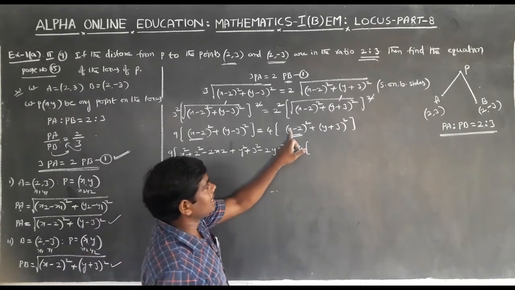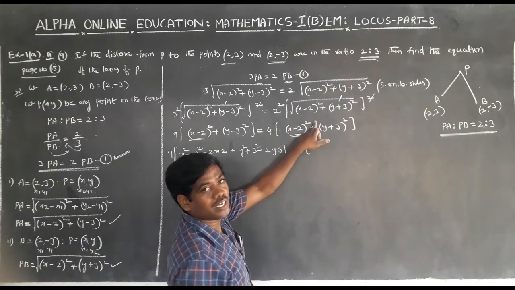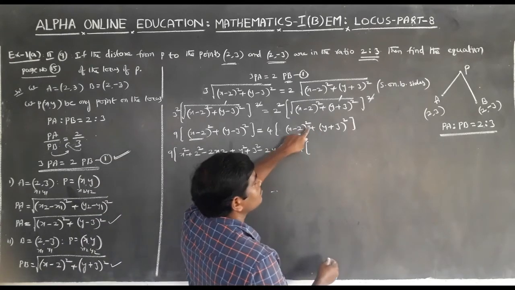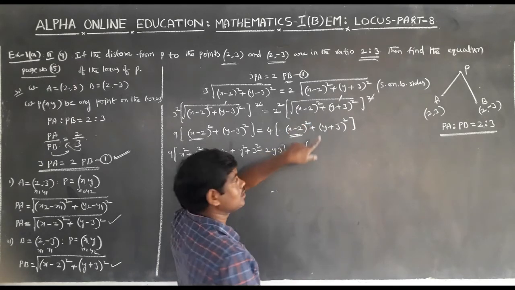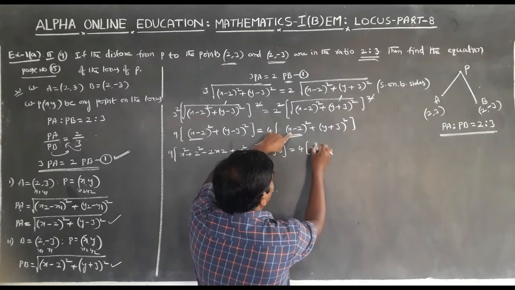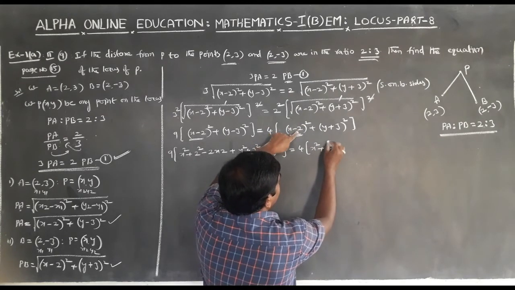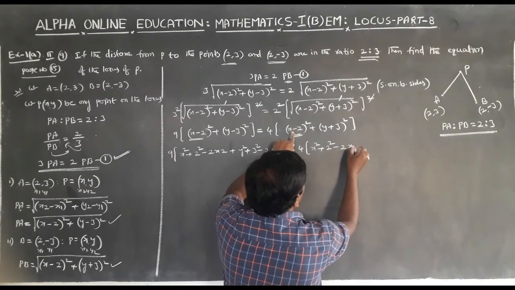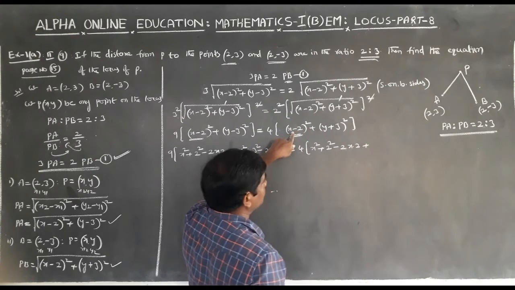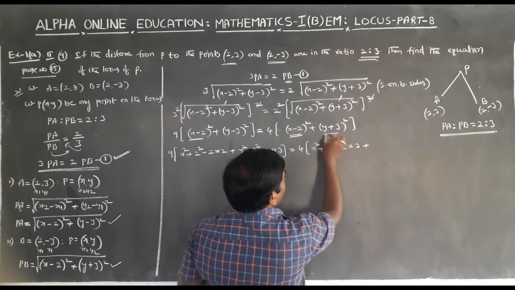By using the (a − b)² formula, a² + b² − 2ab: a² is x², b² is 2², and 2ab is 2 into x into 2.